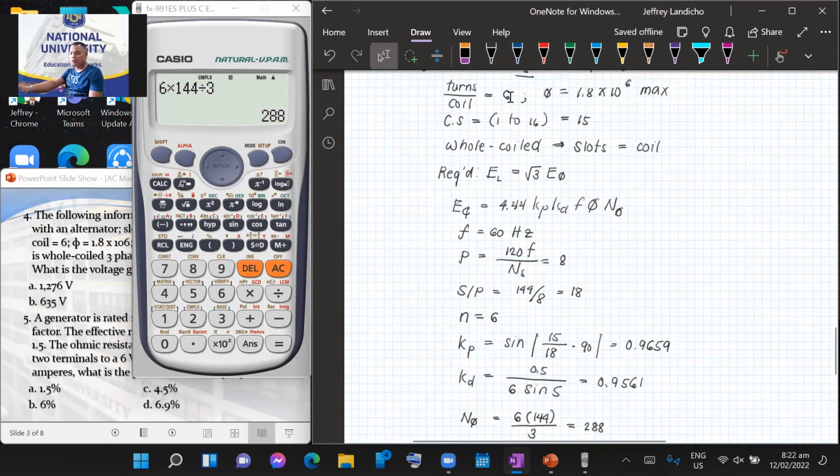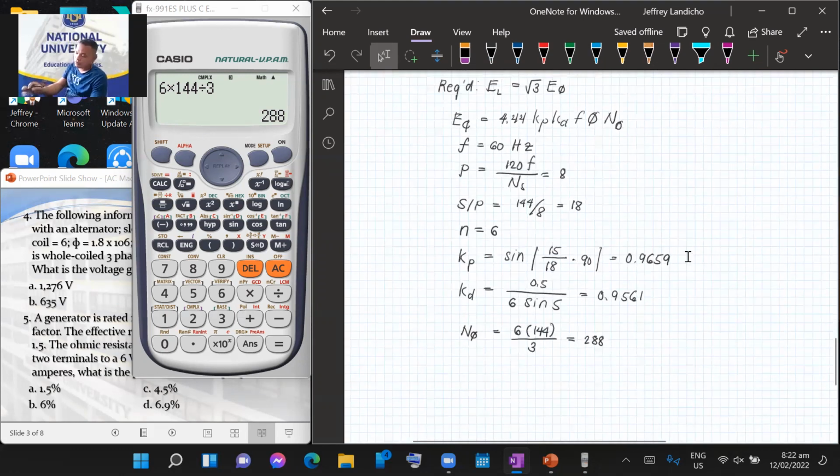Yung 6 turns na yon, yung first coil na yon, that is 4.8. Meron siyang 6 turns. Yung susunod na 6 na turn, para kay coil B naman. Yung susunod na 6 na turn, para kay coil C. Nakuha ba? So, no more problem. Pwede na natin diretso din ngayon.